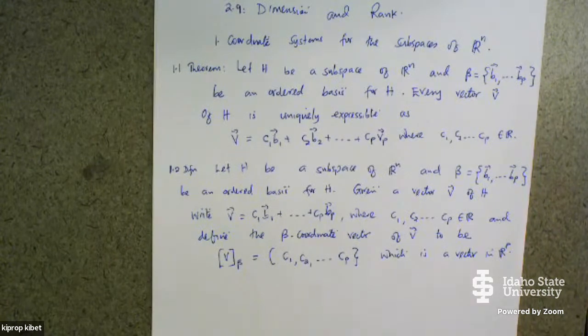So the B coordinate vector is actually the solution that you get when you solve for c1, c2, up to cp.